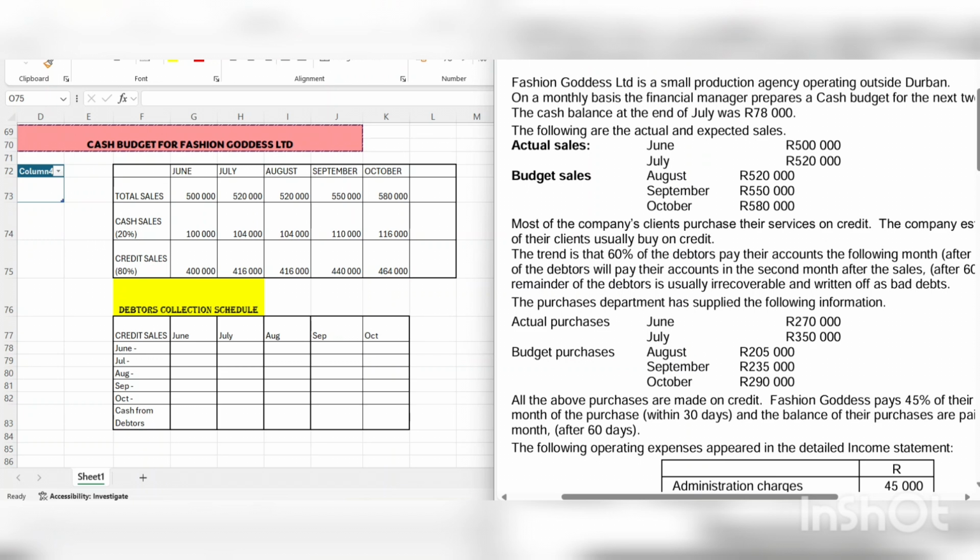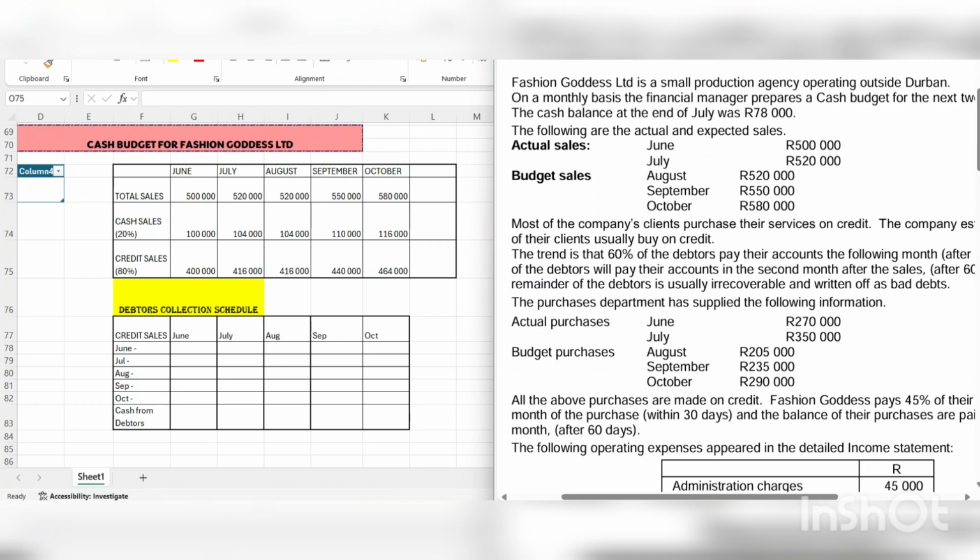Okay, so now that we have our debtors collection schedule drawn up, let's begin. When we're doing our debtors collection schedule, we will only use the credit. We're only dealing with our credit sales. If you look above, there's cash sales for 20%. We will not be using these amounts, but we show our workings.